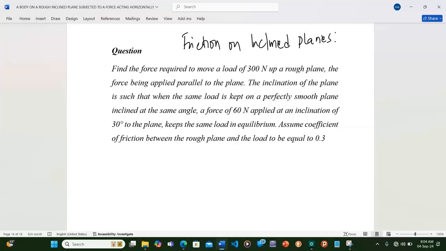Here we have a body that weighs 300 newtons, and it has a force that is applied to this body on the inclined plane, parallel to the plane.